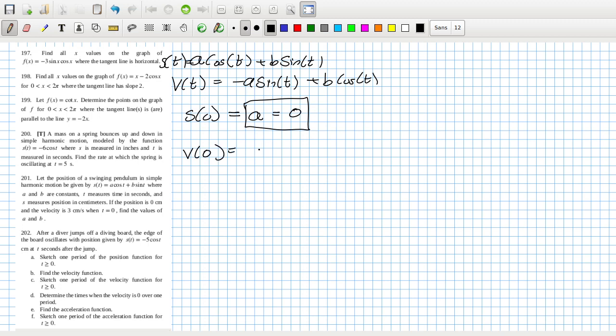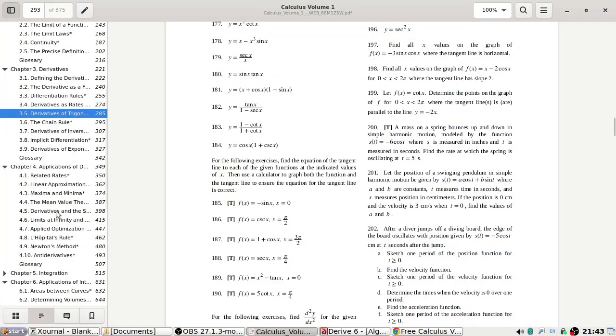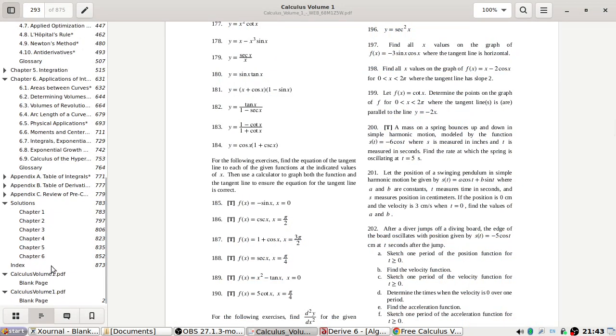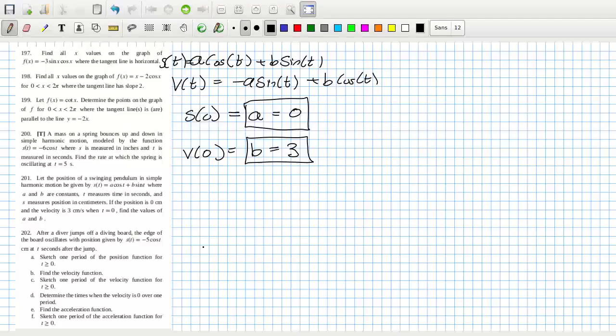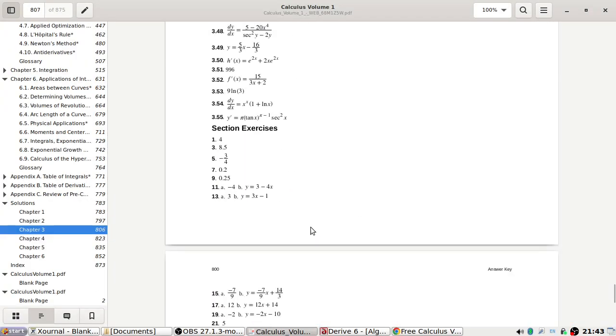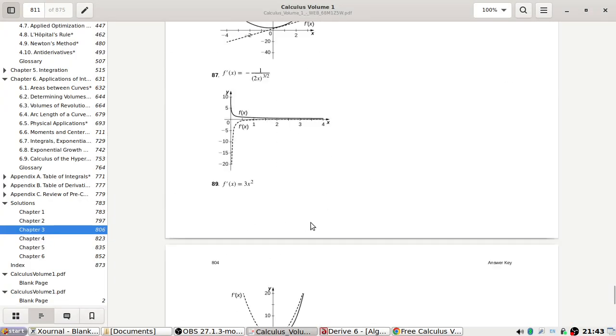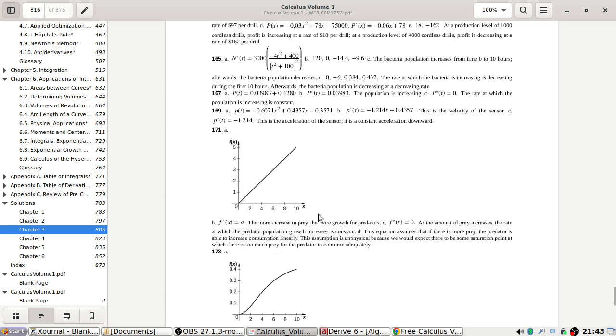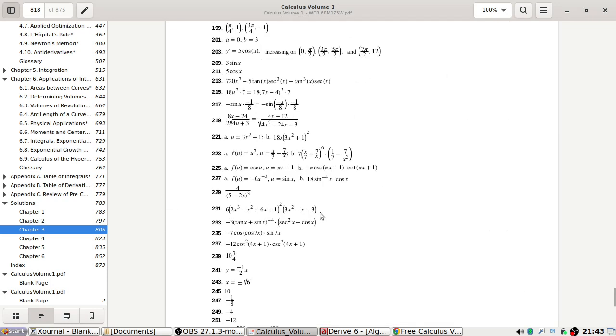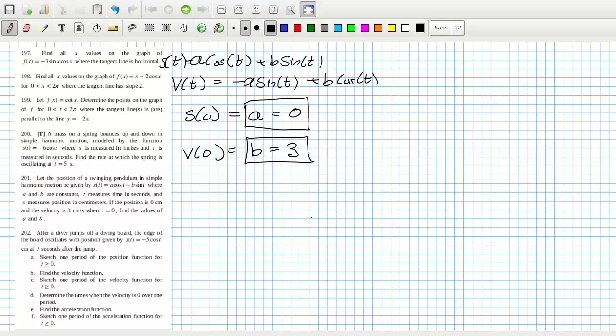Well, we said a is 0, so that's 0, and then that's b, and that will equal 3. So a is 0, b is 3. Is it as simple as that? It is as simple as that.